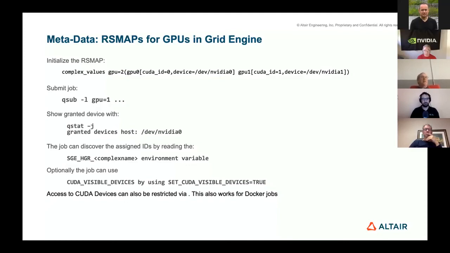The job itself can discover what GPUs it was assigned, and that can be done in two ways, using an environment variable, SGE_HGR, which means Sun Grid Engine host granted resource, that's what it means. Or you can use CUDA_VISIBLE_DEVICES to determine what GPUs you've been assigned.